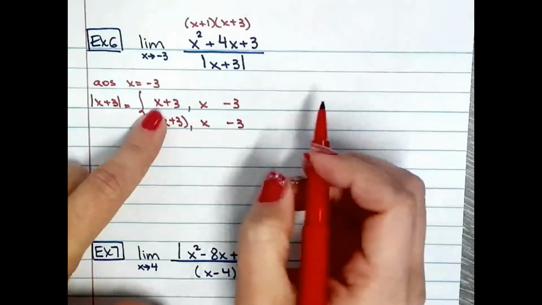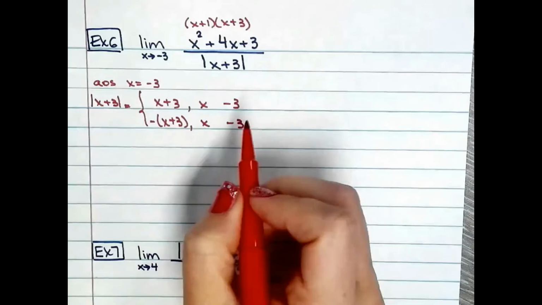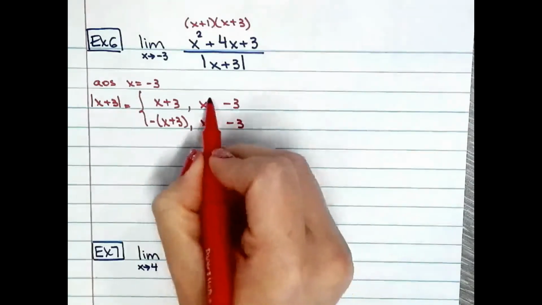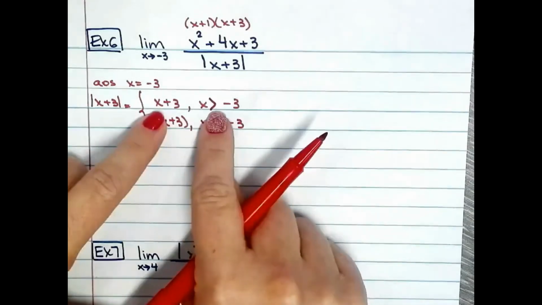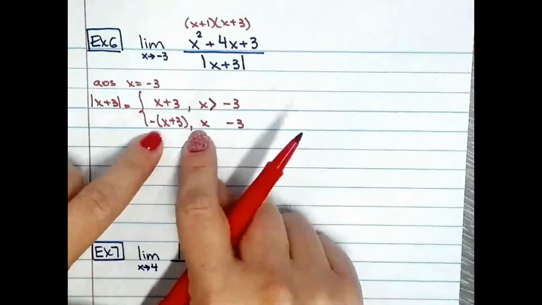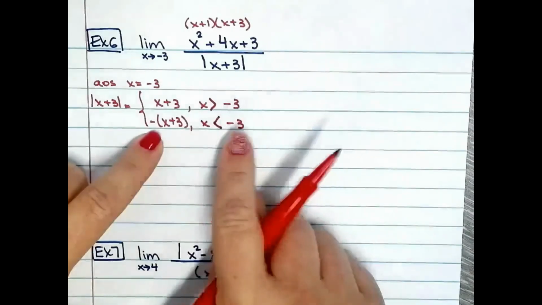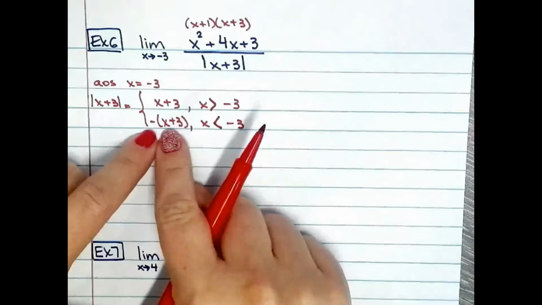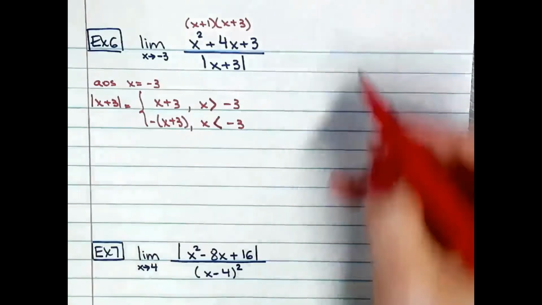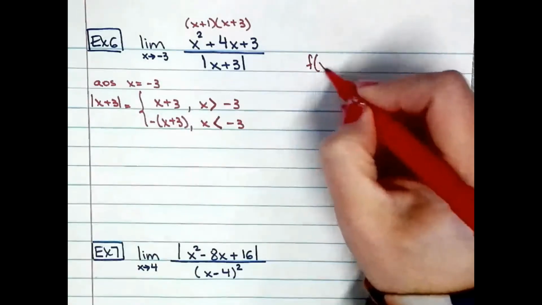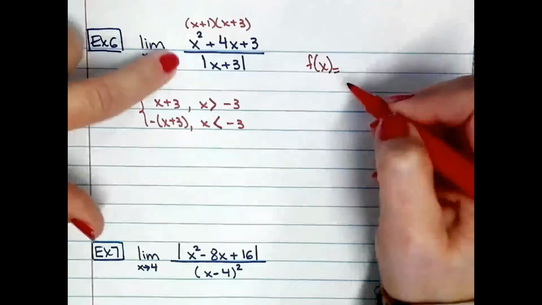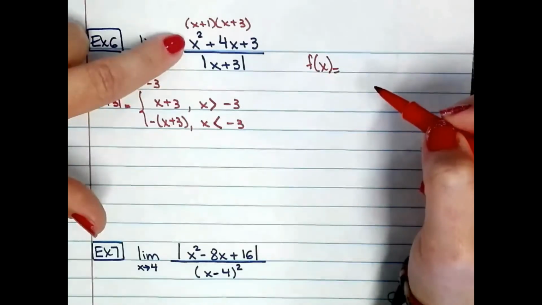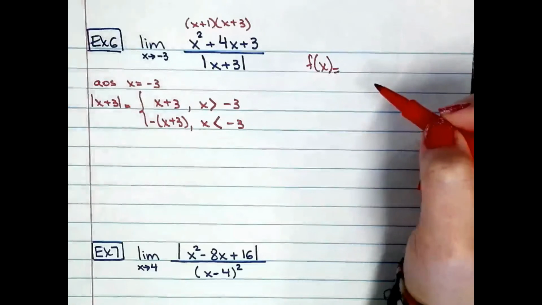Okay, so when x is greater than -3, you use the positive. When x is less than -3, you use the negative. All right. We will go ahead and write the restrictions, because we have to, of this rational function right here.